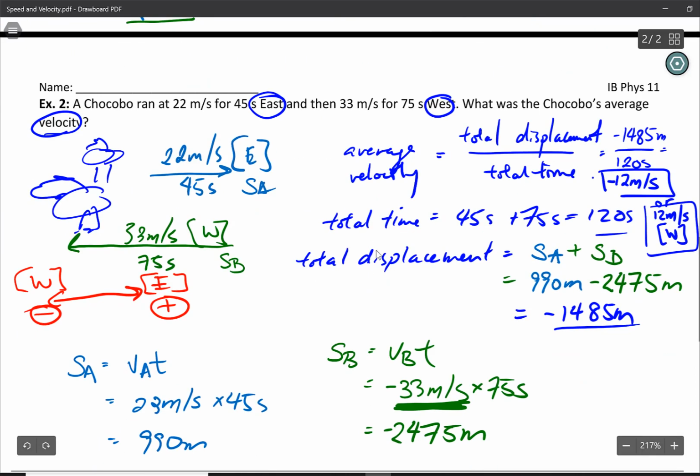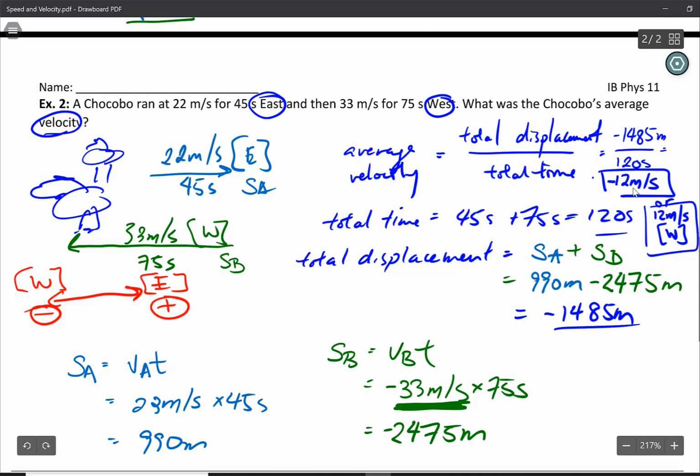All right, so here we go. Here are the solutions. So notice that because the chocobo ran backwards, we had to use the negative value. We had to subtract the displacement going backwards, giving us a shorter displacement or shorter magnitude to work with, giving us 12 meters per second west.